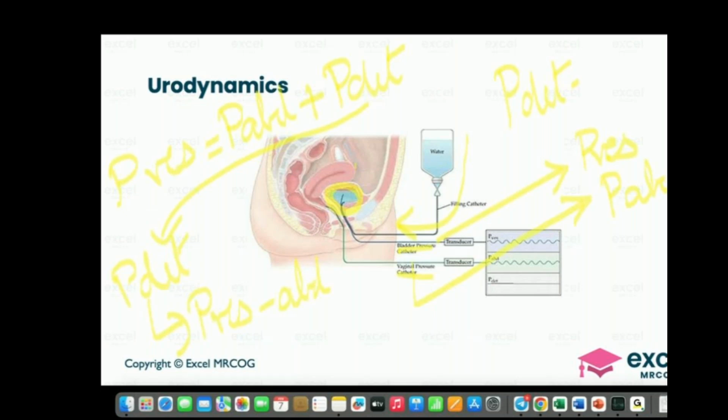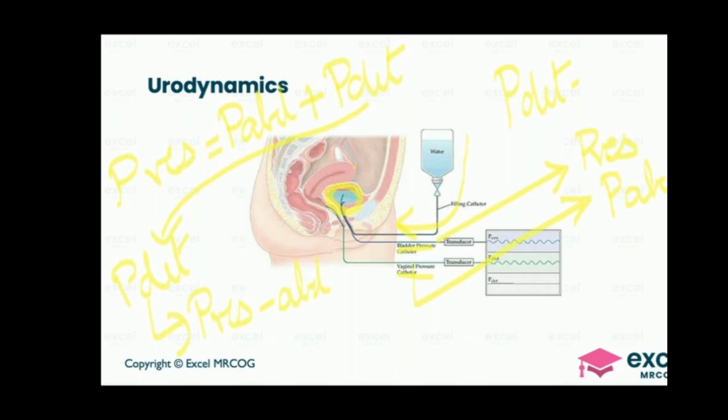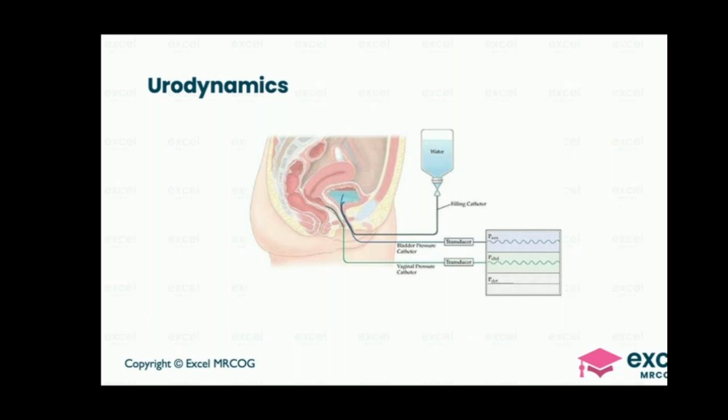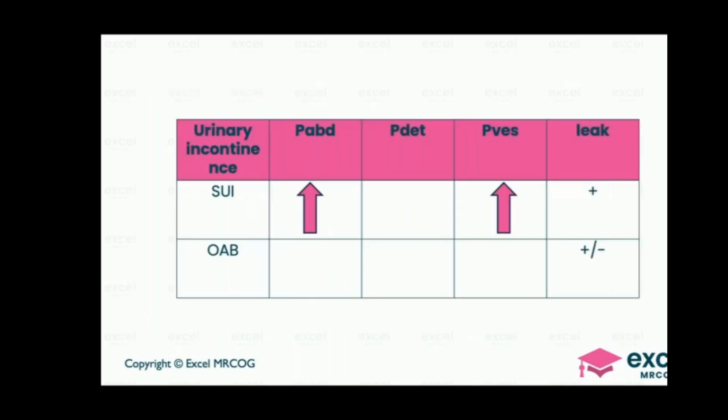Fine. Okay, so this is your concept of P ves, P abd, and P det. Now, what happens in SUI? What happens in SUI is you have your abdominal pressure rising.